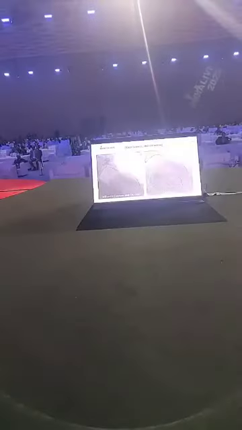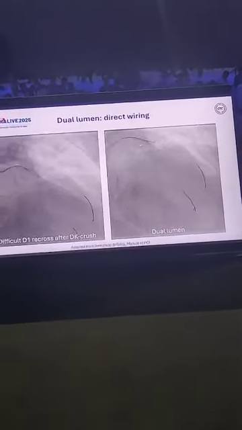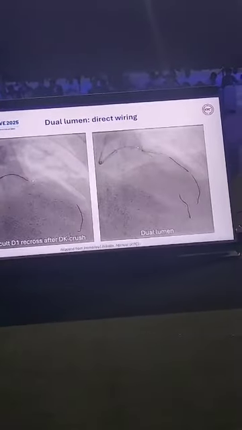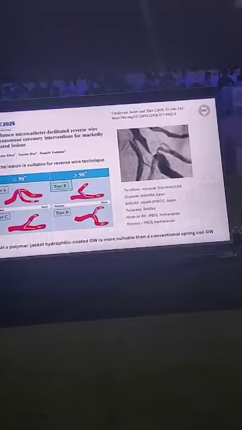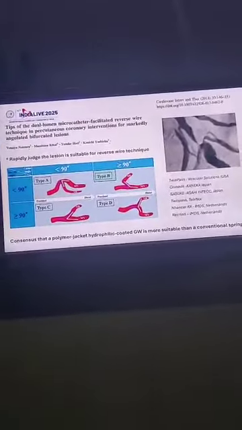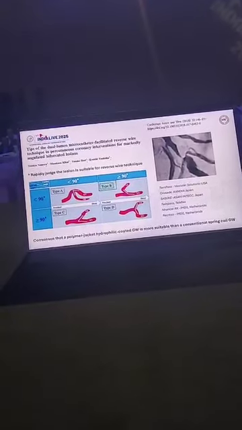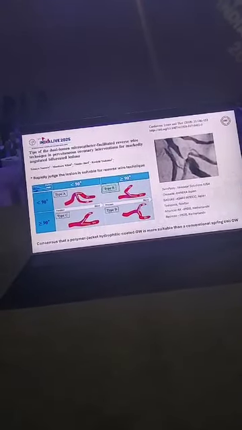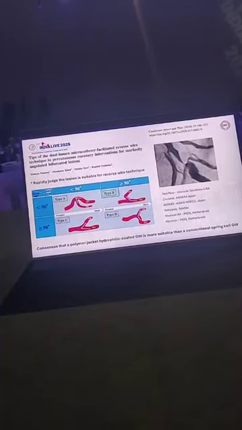Of course, when you are in trouble crossing one vessel, here is one example of a problem after a stent crushing the first diagonal branch, where the use of a double lumen catheter can easily allow access to the branch. What is very important is to have immediately a judgment on the anatomy suitable for this complex technique in crossing.